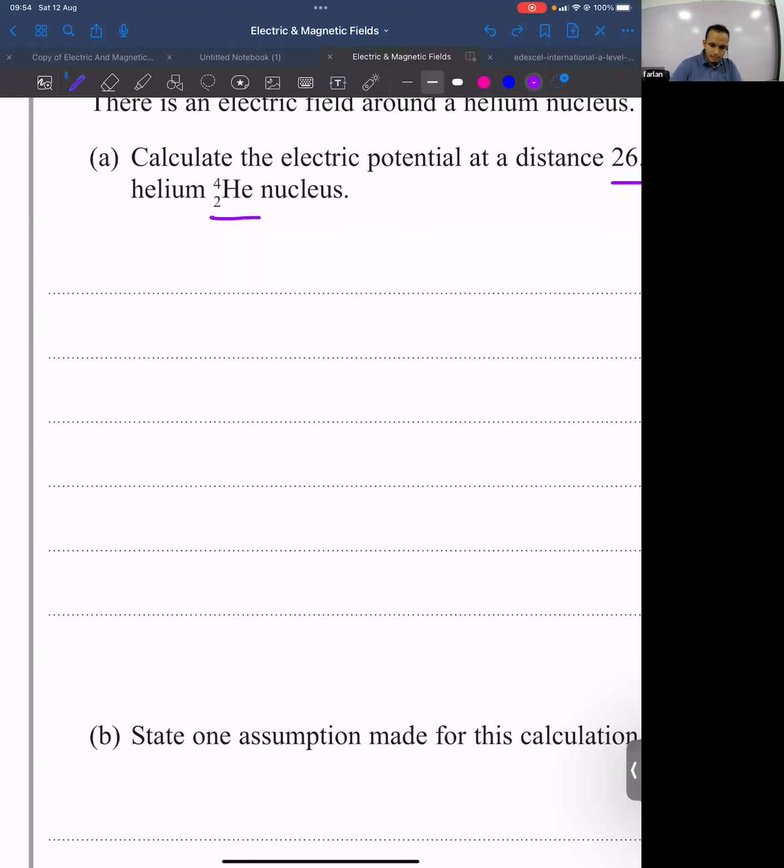So use your common sense and tell me, what is the charge of a helium nucleus? It will be 2 into charge of a proton, which is 2 into 1.6 into 10 to the power minus 19. That's 3.2 into 10 to the power minus 19 coulombs. Am I right?